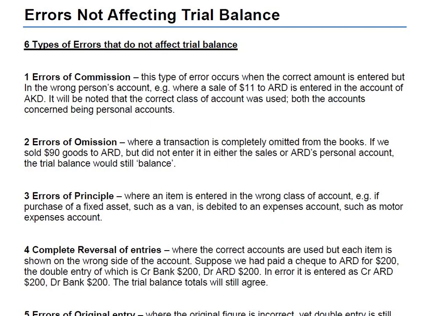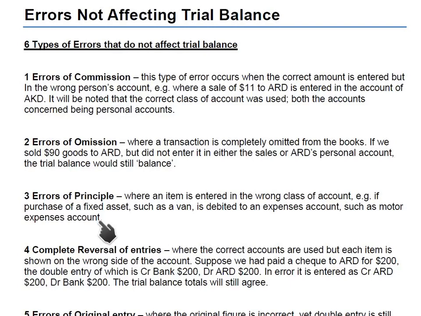In the error of commission, why can the error not be detected by the trial balance? The reason is that ARD and AKD, for example, are both your debtors. X and Y are both your creditors. And rent and insurance are both your expenses. So the trial balance cannot differentiate between different types of customers and different types of expenses. So both of them should be debited.